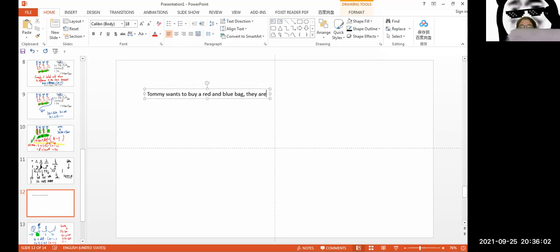They are of the same price at the start. The red bag is given a 15% discount, and the blue bag is given a 20% discount.